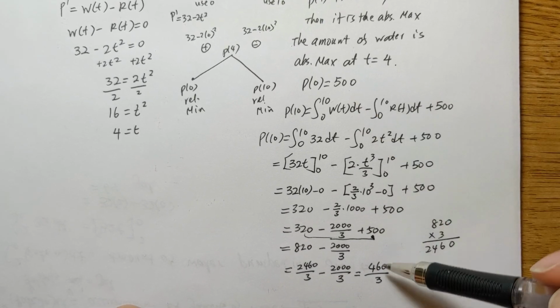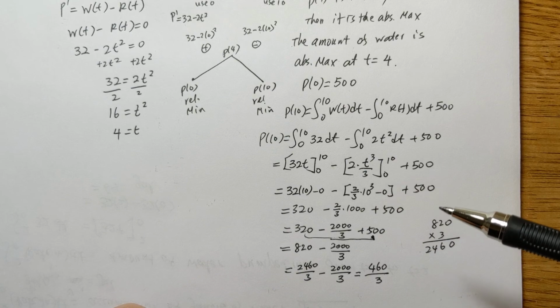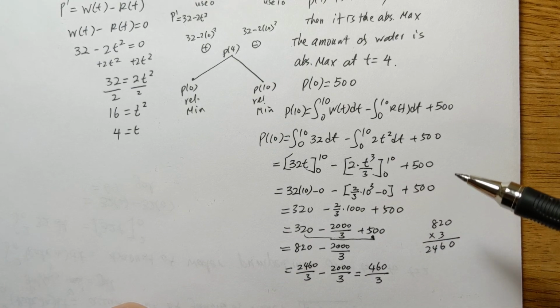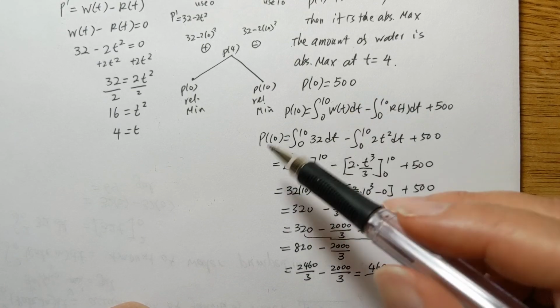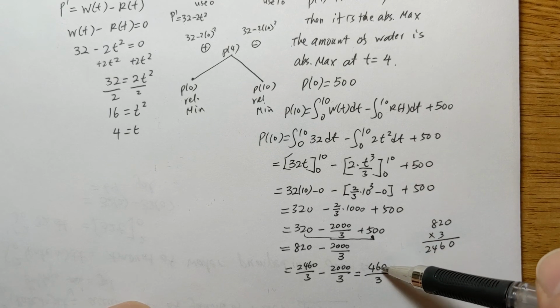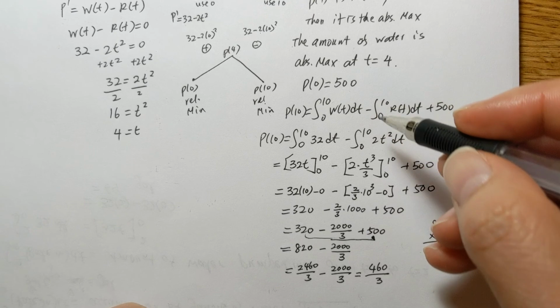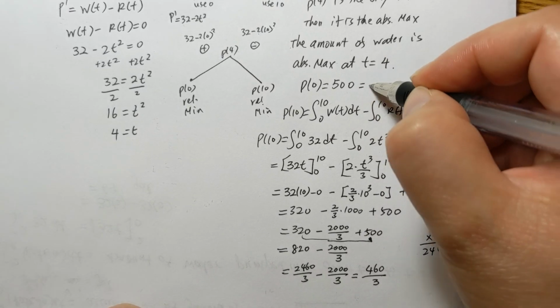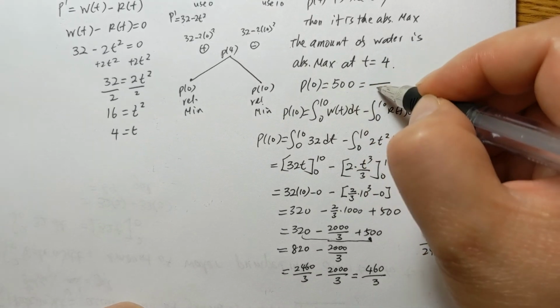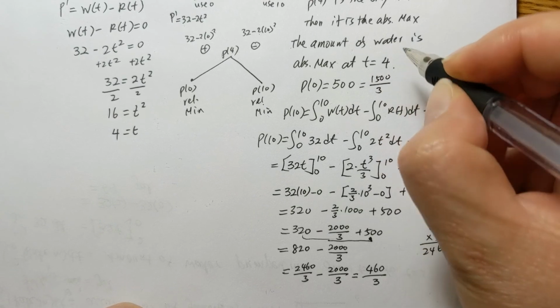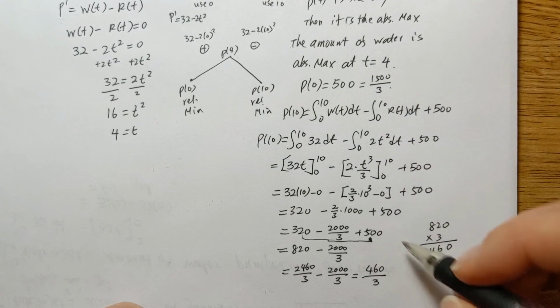Now we compare these two numbers, to see which one is going to be the absolute min. So 460 divided by 3, you can divide it, or you can convert this one into an improper fraction times 3. So definitely this one is bigger than this.